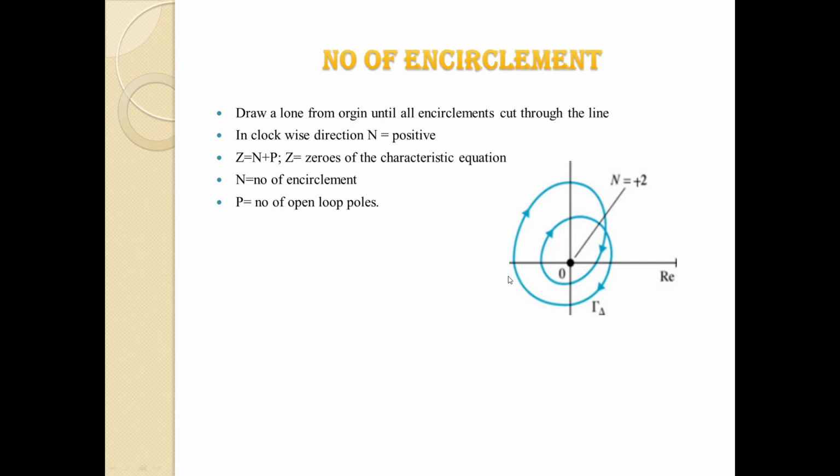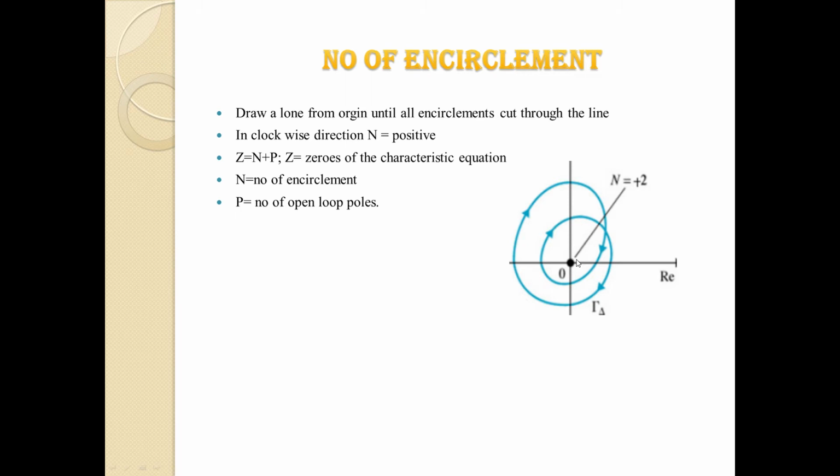So let us consider this is a contour and this point is the origin, whereas the x-axis represents the real axis and the y-axis represents the imaginary axis. First we need to draw a line from the origin so that all the encirclements cut through the line. So we have drawn this line.